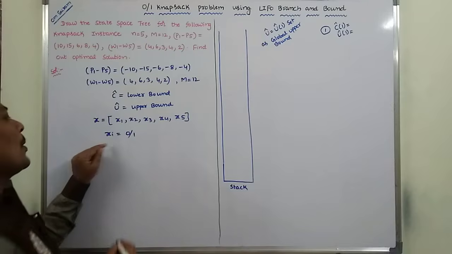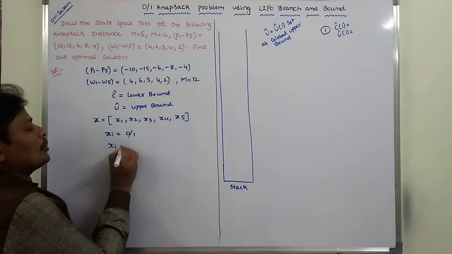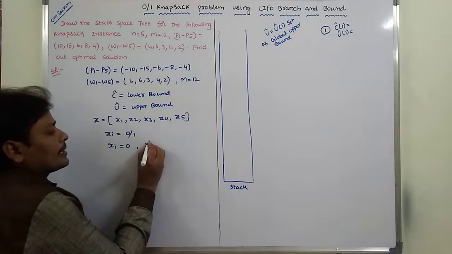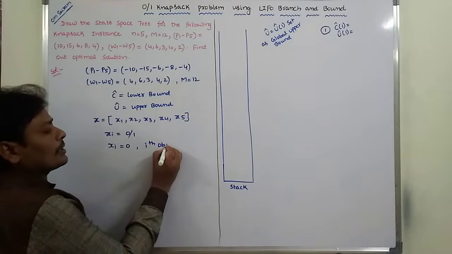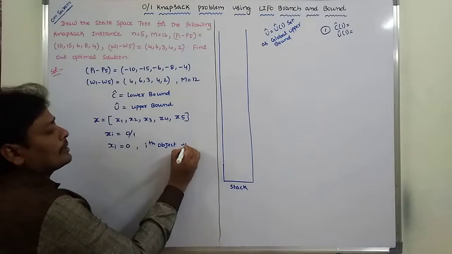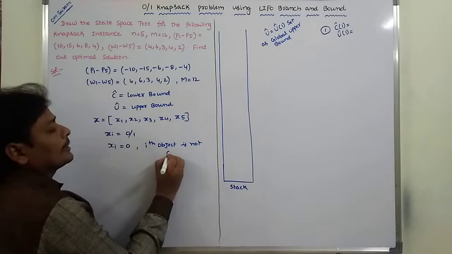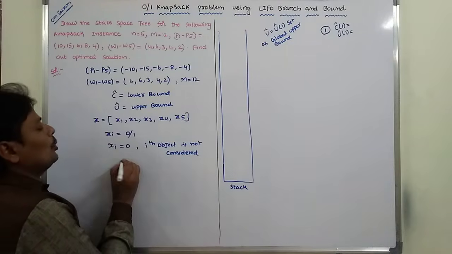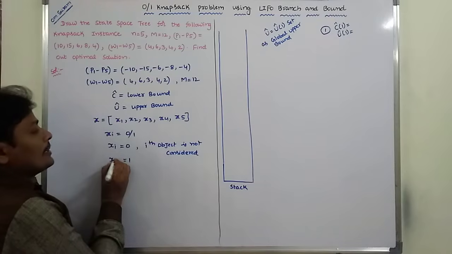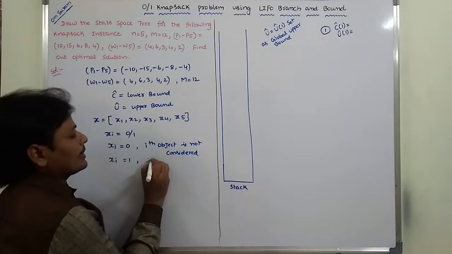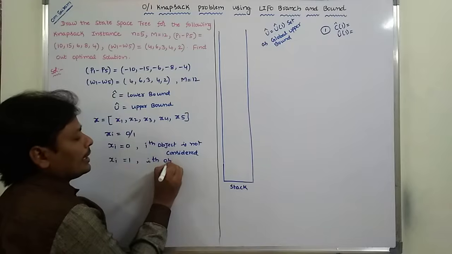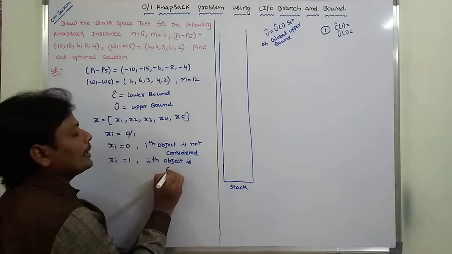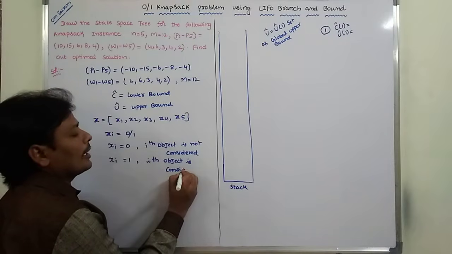Suppose xi is equal to 0, that means the ith object is not considered. Suppose xi is equal to 1, that means the ith object is considered, that is, the object is placed into the knapsack.